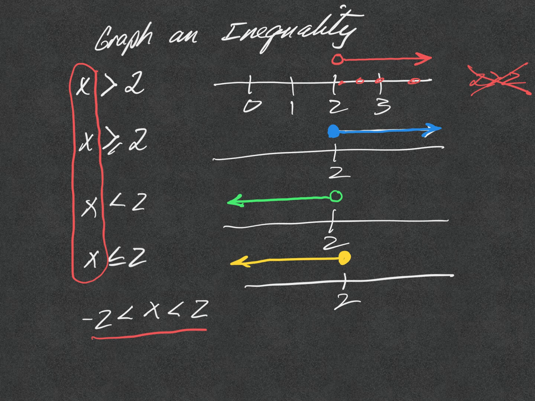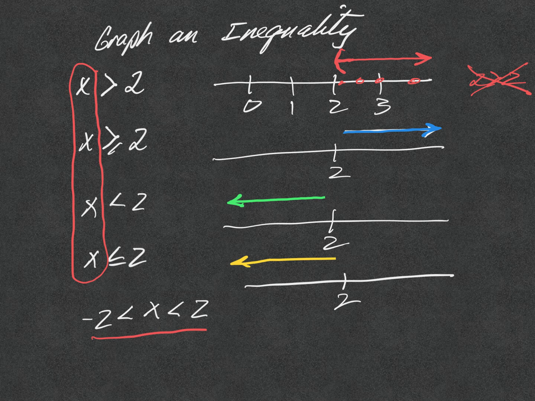So now I want to show you something. I'm going to erase the circles. The whole circle thing was something I actually learned in elementary school when I first learned how to do these. But instead of an open circle for when they're not equal, we're going to use a parenthesis like this.